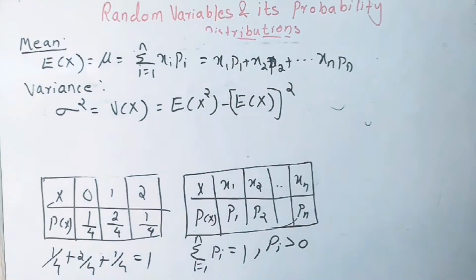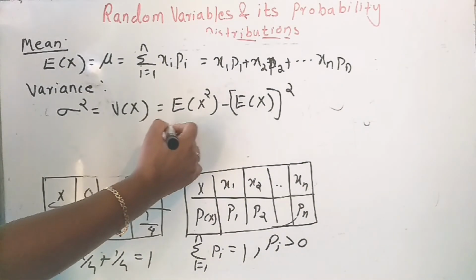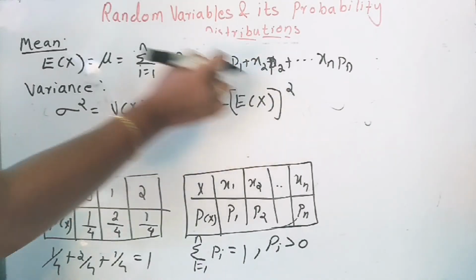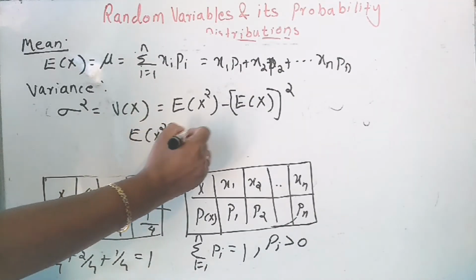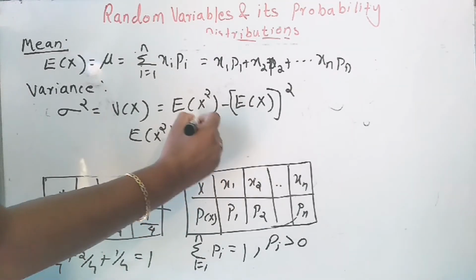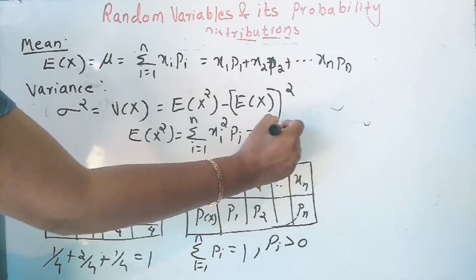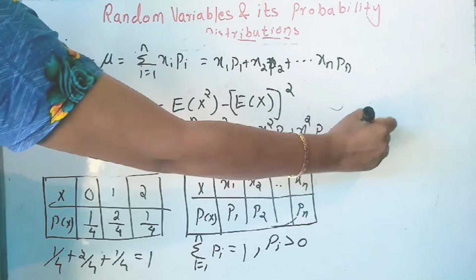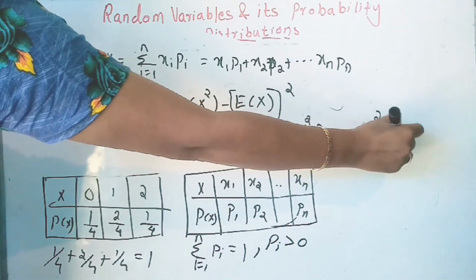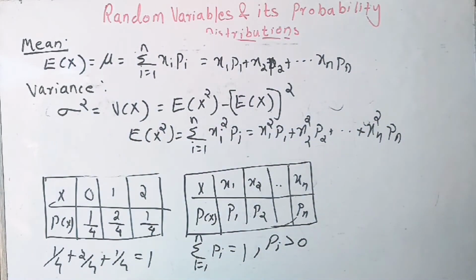Expectation of x we have here, and expectation of x square means summation i = 1 to n of xi square pi, that is x1 square into p1 plus x2 square into p2 plus etc. plus xn square into pn. This is our variance.